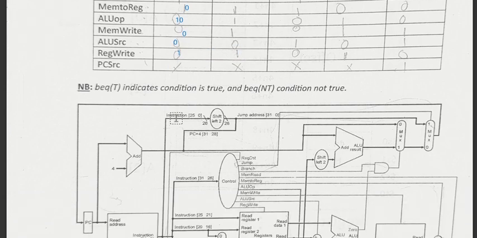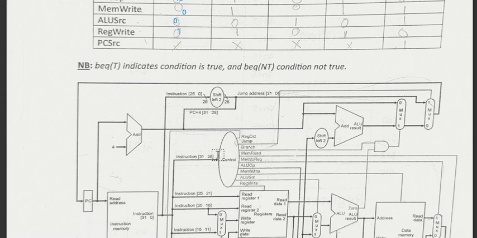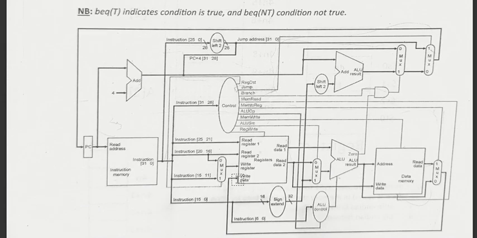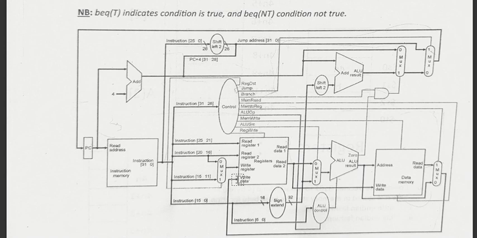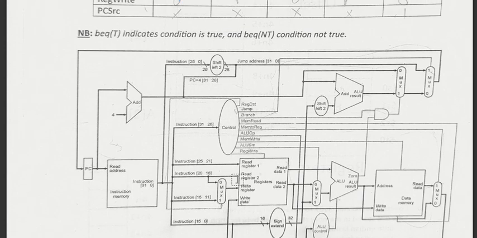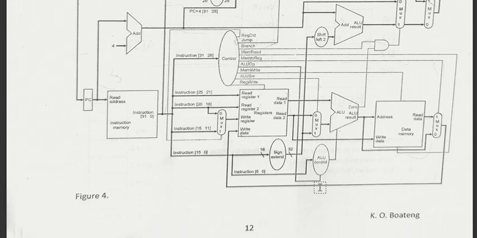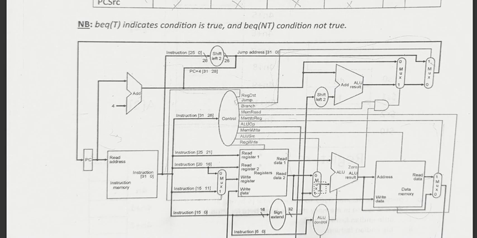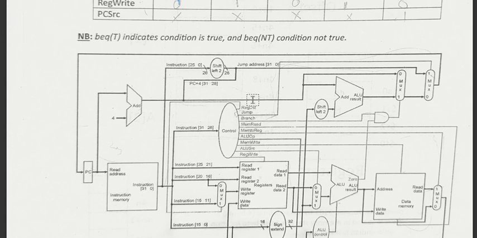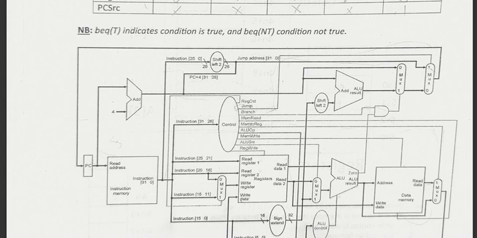The next one is PC source. So you're going to look for PC source. Oh, I can't find PC source in the diagram. Well, I can't find PC source in the diagram, but usually, even if PC source was drawn along here, let me get a diagram with PC source so I can explain better.